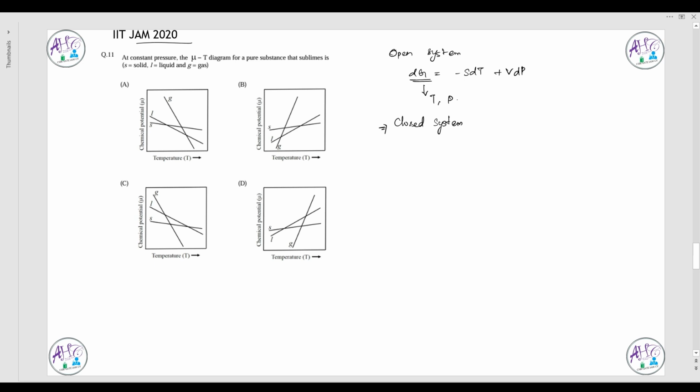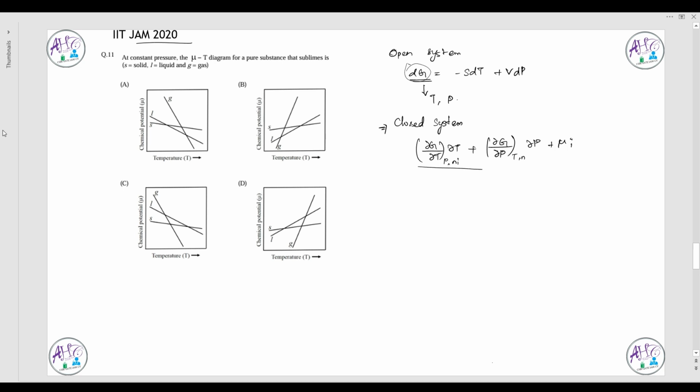So in a closed system, this is going to be dG, which is ∂G/∂T at constant pressure and number of moles, plus ∂G/∂P keeping temperature and number of moles constant, plus your chemical potential term.